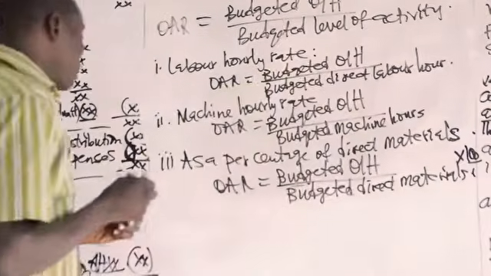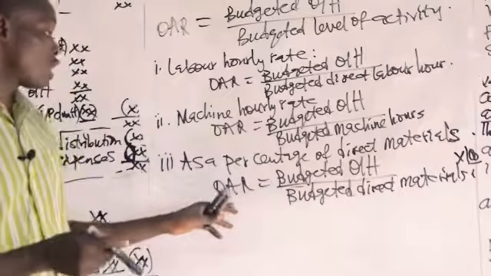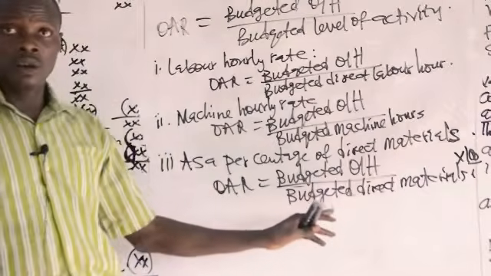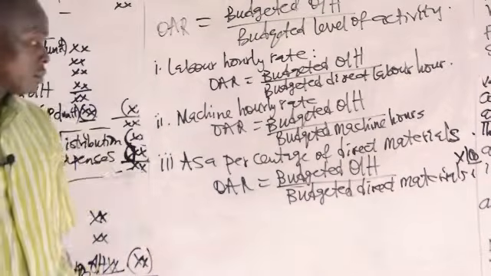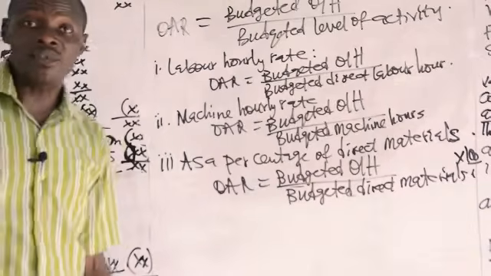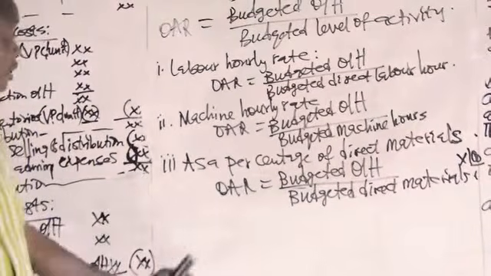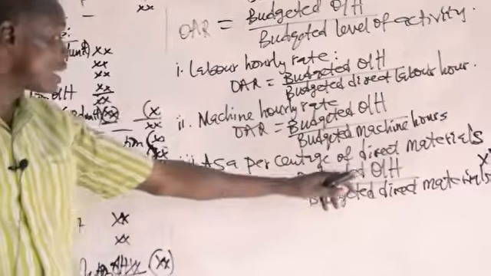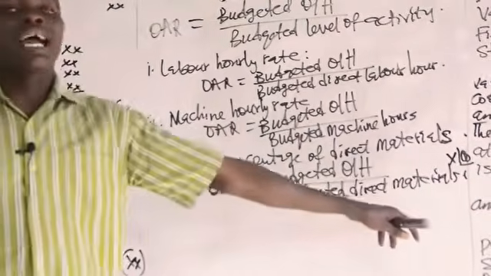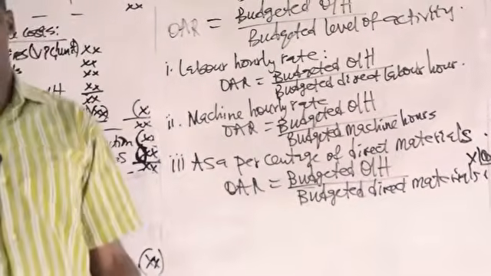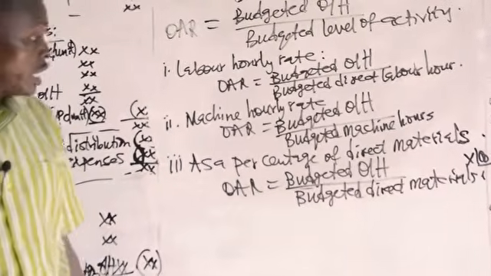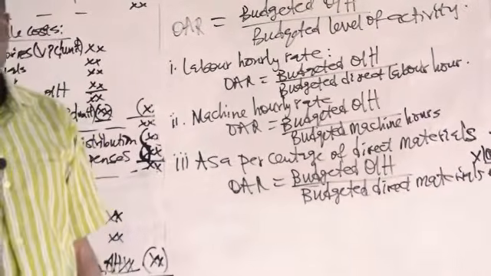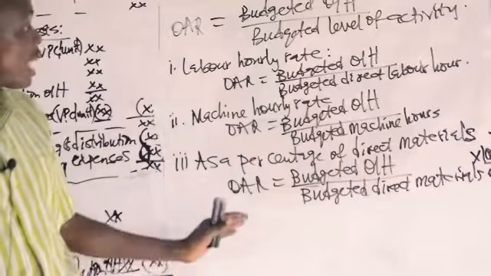If it is as a percentage of direct labor, then you have overhead absorption rate to be budgeted overheads over budgeted direct labor. If it is productive output, overhead absorption rate will be budgeted overhead over budgeted output. So it depends on the basis you are to use in recovering it. That is for that.